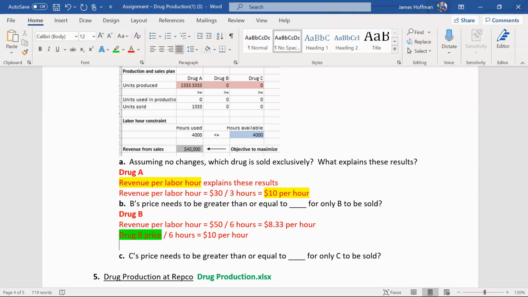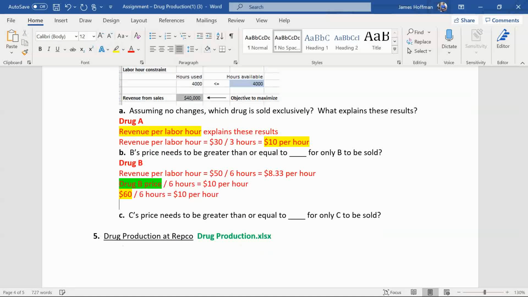So the answer here is that B's price needs to be greater than or equal to 60.